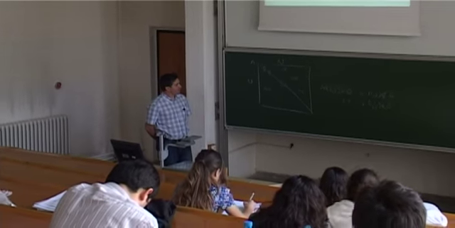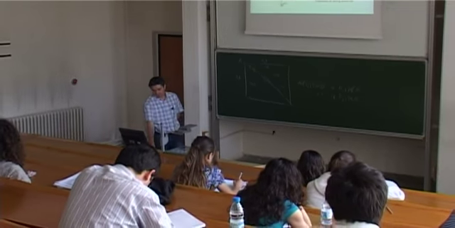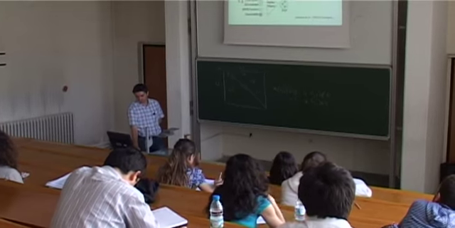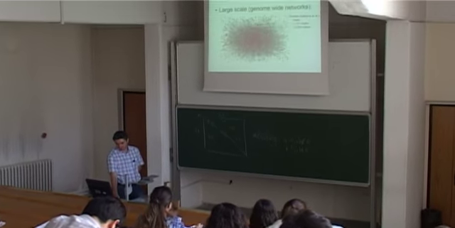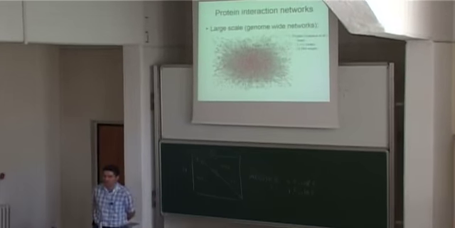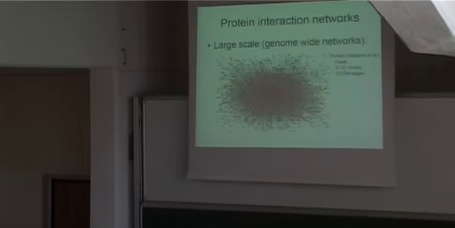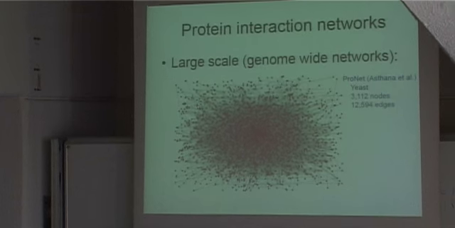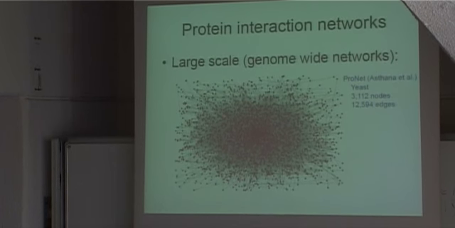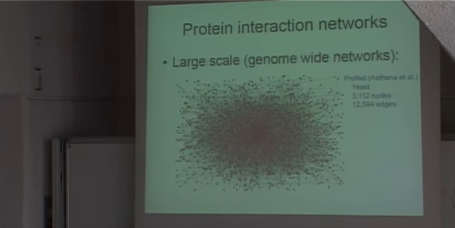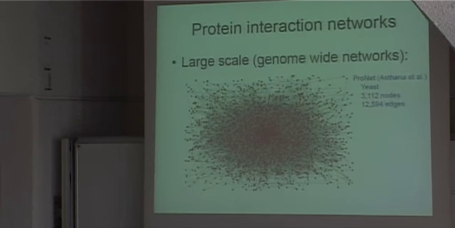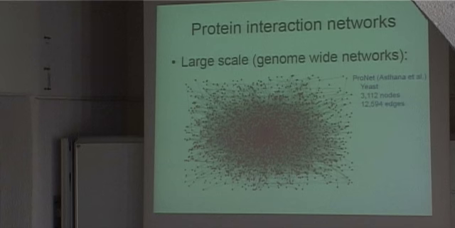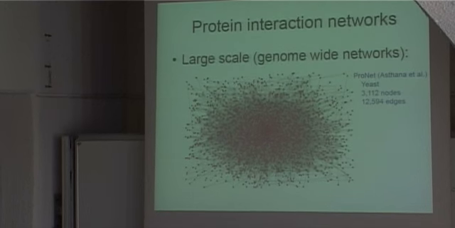But in general, if you have an unweighted network, let's go back to this yeast network with 3,000 nodes and 12,000 edges. If we use the adjacency matrix representation, we are going to have a 3,000 by 3,000 matrix. Okay? And how many entries in that matrix? 3,000 by 3,000 is 9 million.